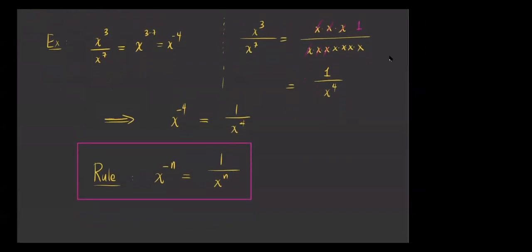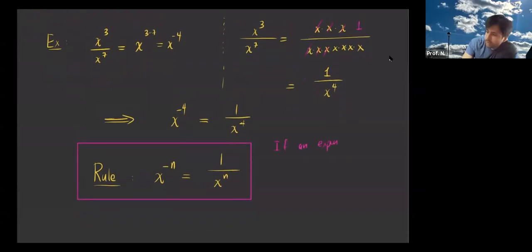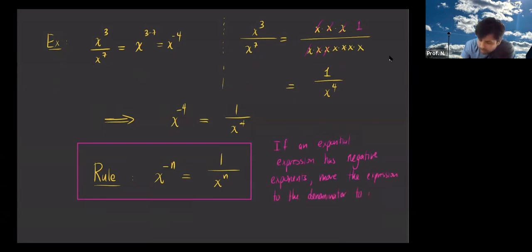So I'm going to write that out. If an exponential expression has negative exponents, move the expression to the denominator to make negative exponents into positive ones.